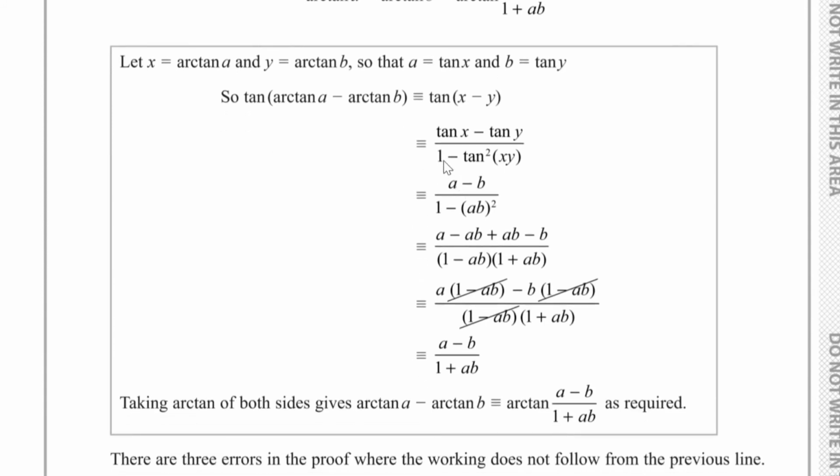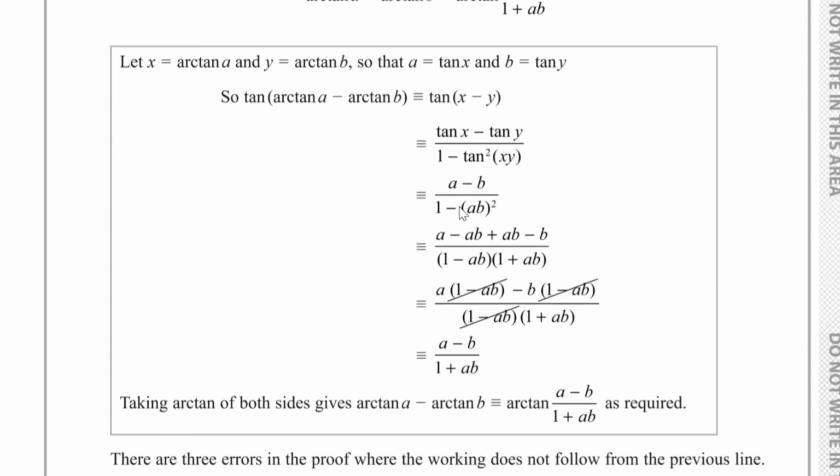And then they've used the identity for tan incorrectly, by the way. They've written tan x subtract tan y over 1 minus tan squared xy, and then recognizing that tan x is a and tan y is b.